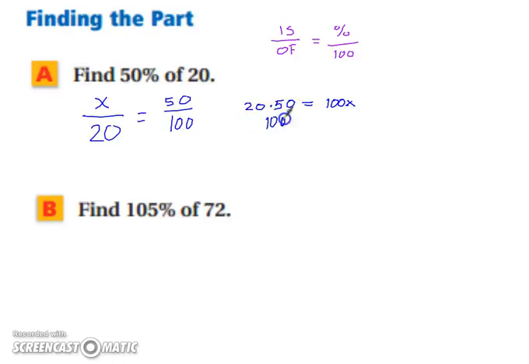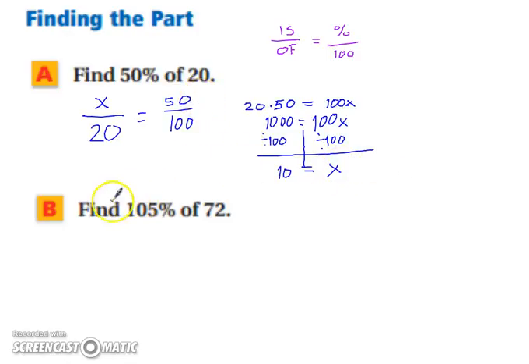So we have 1,000 equals 100x. Divide both sides by 100. Make sure you keep that river in there so you know which side you're dividing. And we have x equals 10. Well, that makes sense because half of 20 is 10.